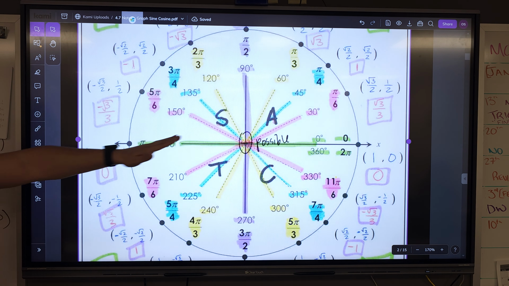And then pi. Right there, we've gone halfway around the circle already. And then 5 pi over 4. And then 3 pi over 2, 7 pi over 4, and 2 pi.